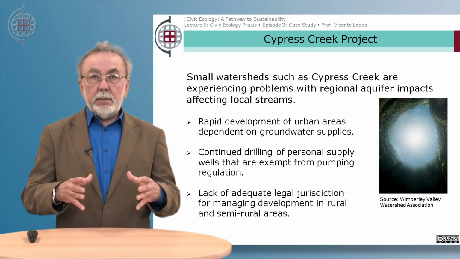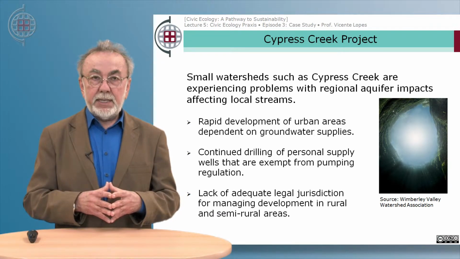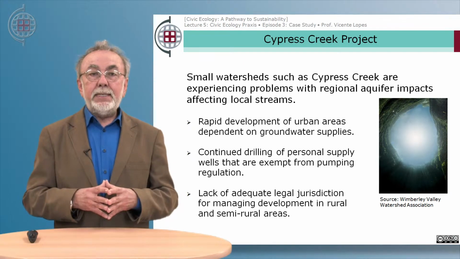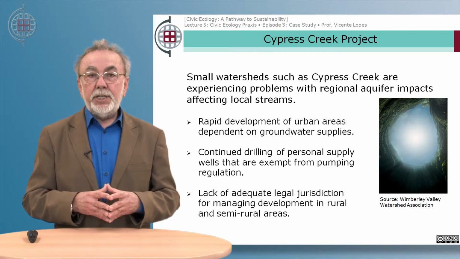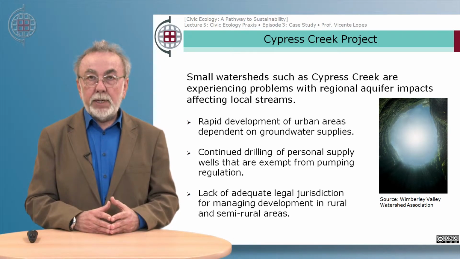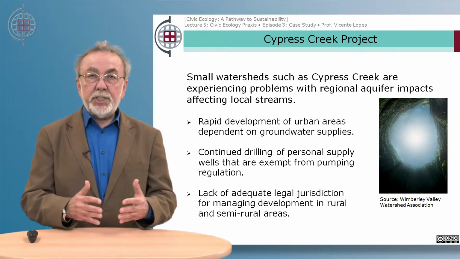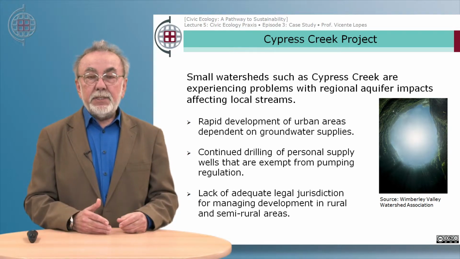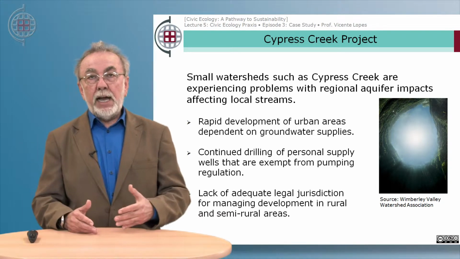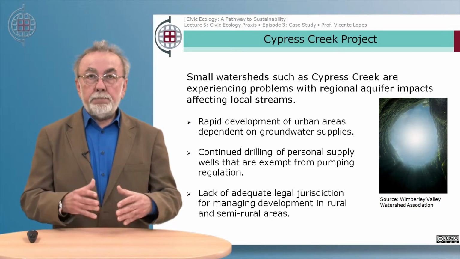There are many watersheds of this type in South Central Texas, in Hays County. And they are all experiencing some type of problem associated with regional aquifer impacts affecting local watersheds. As I mentioned, these are small, spring-fed watersheds, and therefore, as the demand for water increases due to large cities in Texas, they increase water pumpage.